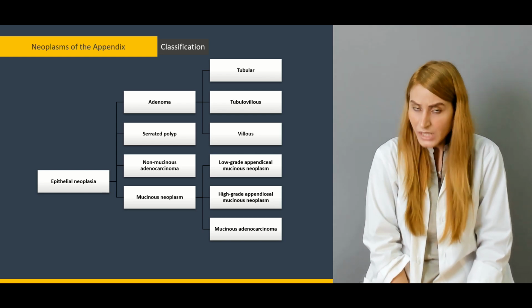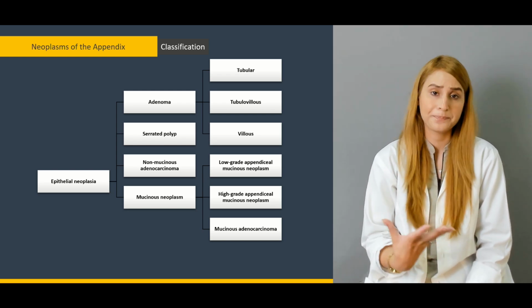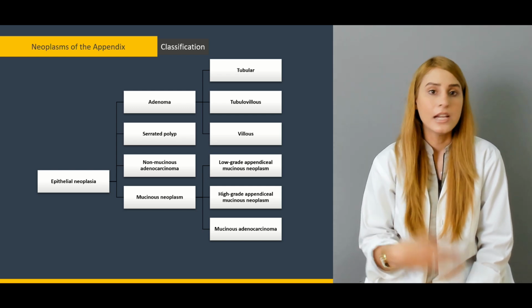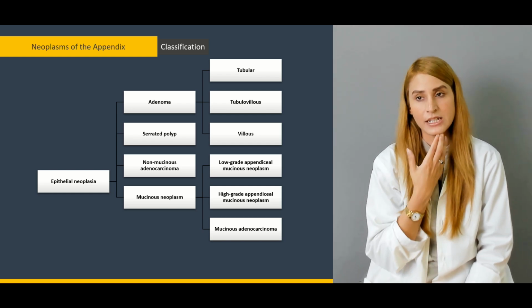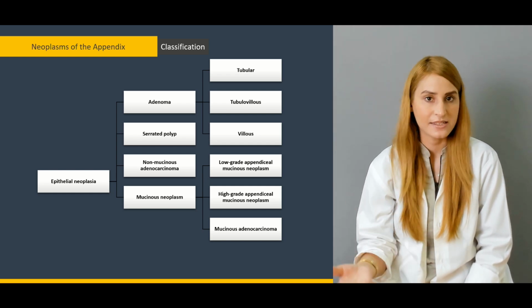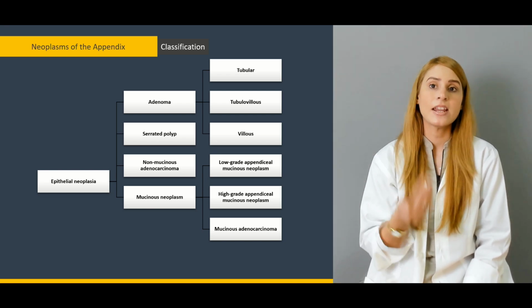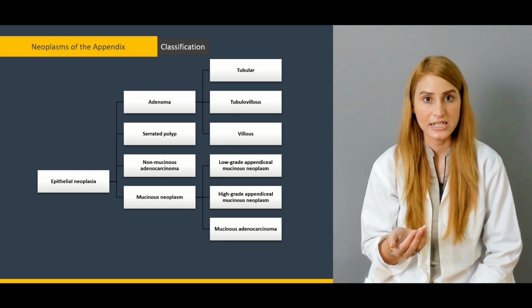So this is a little bit about the classification of the neoplasms, and we know that in case of the low-grade neoplasm, they do not invade or metastasize beyond the limits of the appendix. So if we perform the appendectomy with removal of the lymph nodes and some part of the cecum, that's enough. But in case of the high-grade mucinous neoplasm, they metastasize, and whenever they metastasize, they cause pseudomyxoma peritonei.